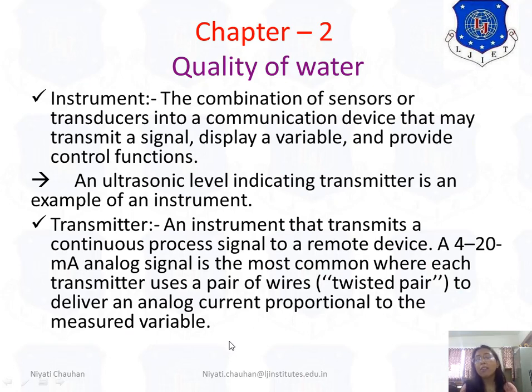It means a transmitter transmits a signal. A 4 to 20 milliampere analog signal is the most common, where each transmitter uses a pair of wires, and this analog current is proportional to the measured variable.